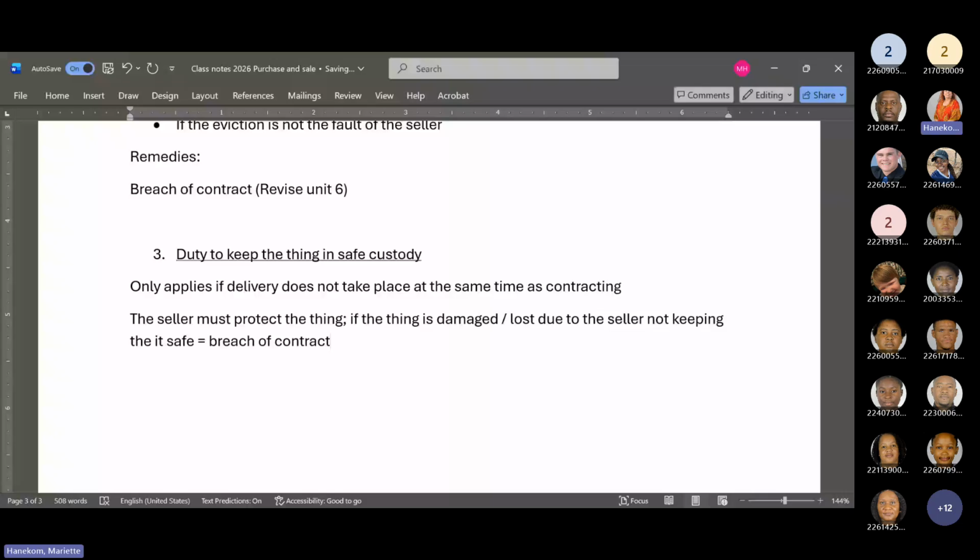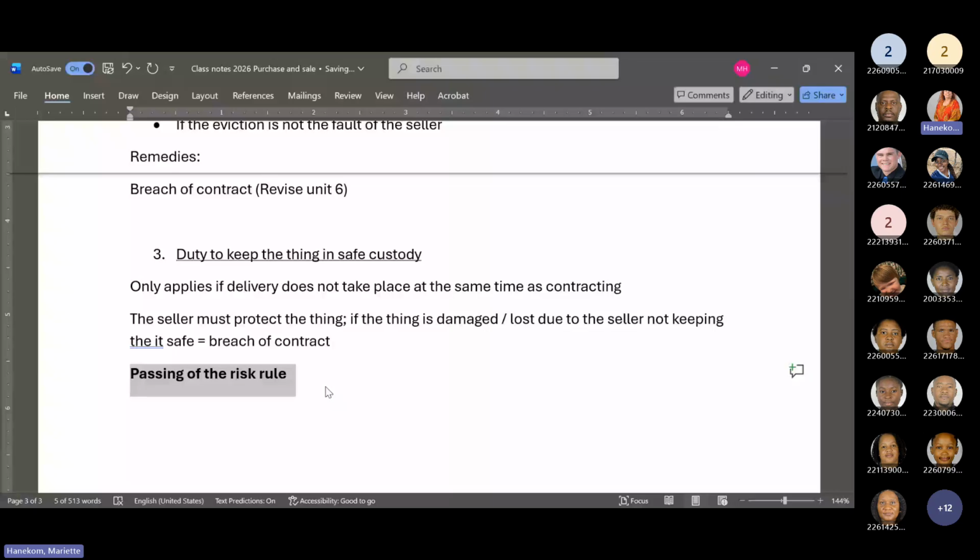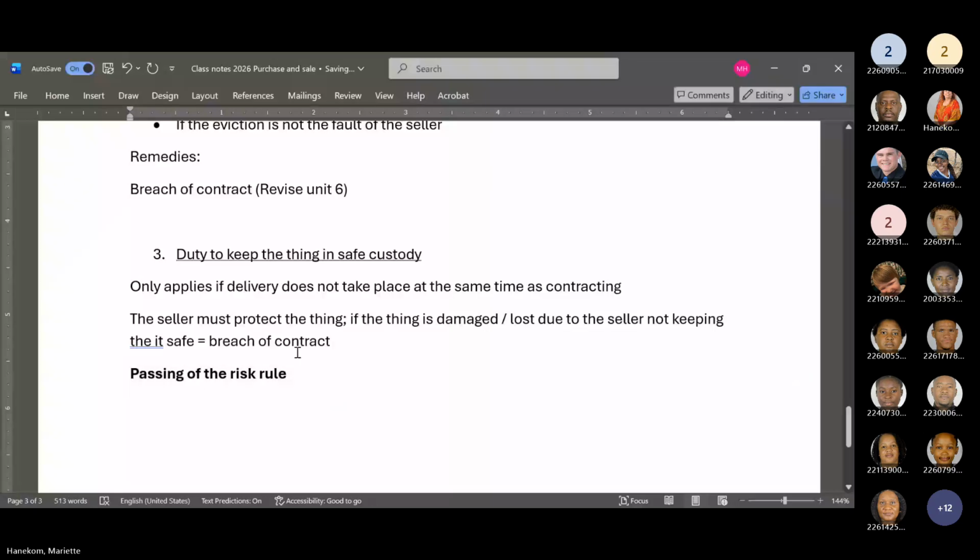But now there's another aspect of the law known as the passing of the risk rule. The passing of the risk rule, and this is important, is also known as the risk doctrine.